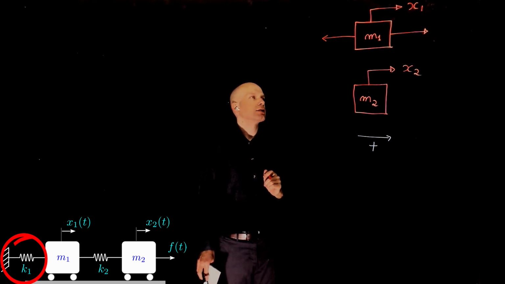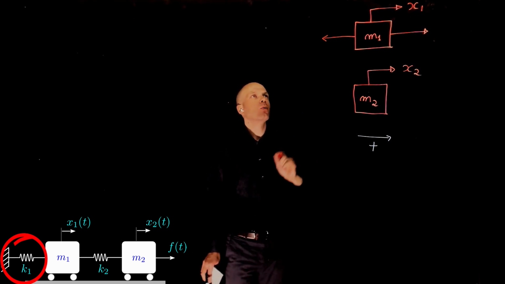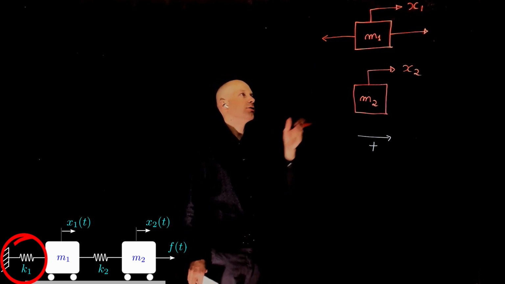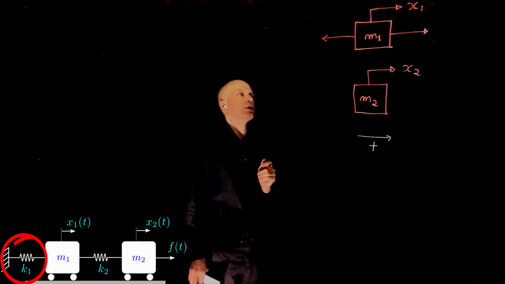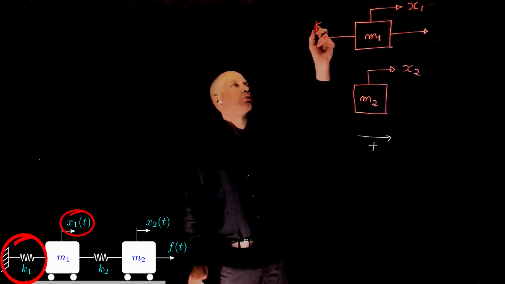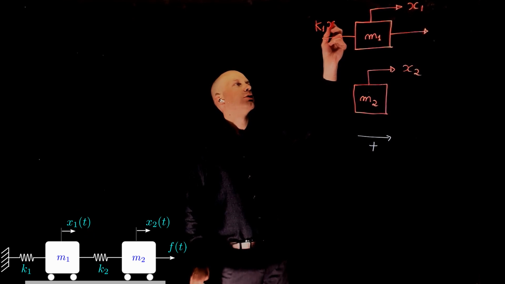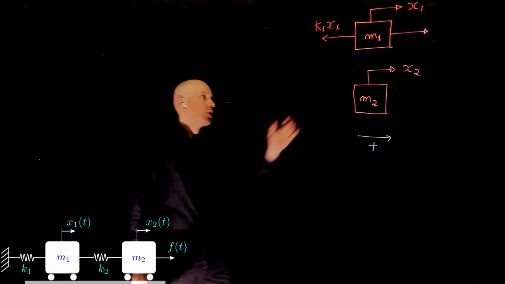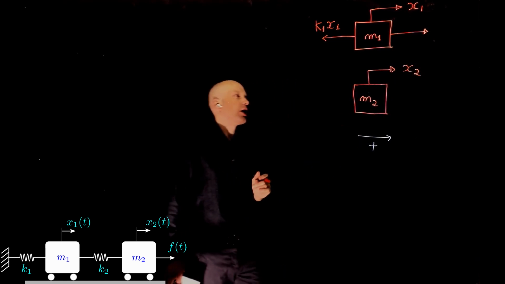Spring K1 has a stiffness of K1, so the force that it exerts on the mass is the stiffness times the displacement of that spring, which in this case corresponds to x1. So we can write that this force is K1 x1. On the other side of mass m1, we have another spring.